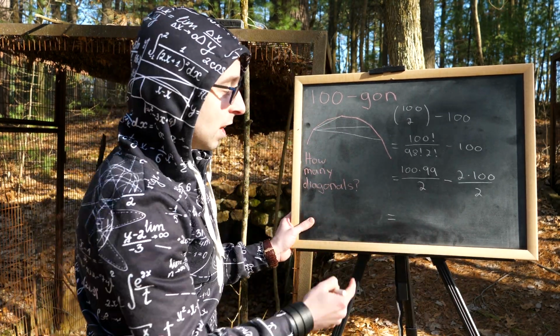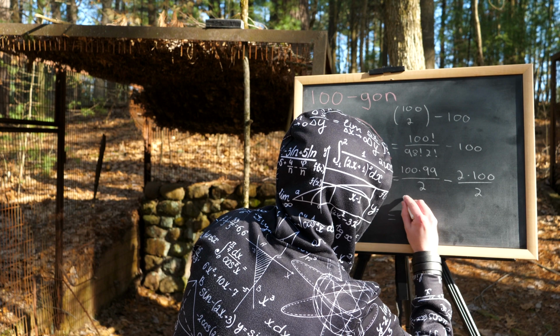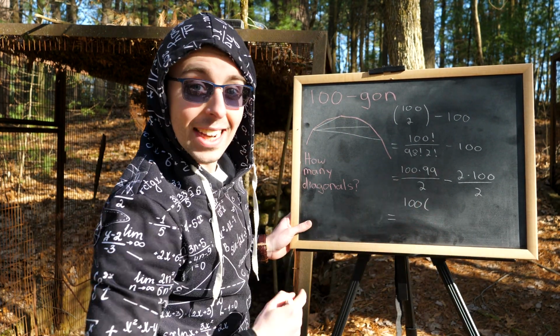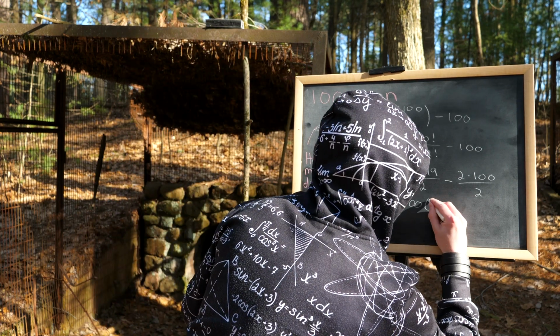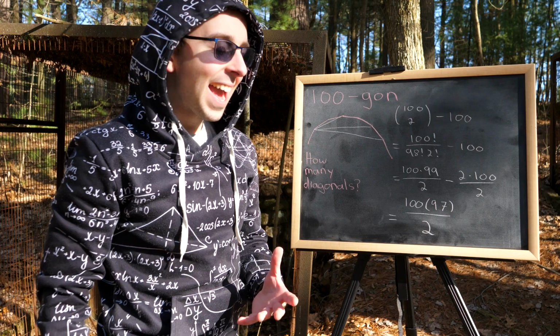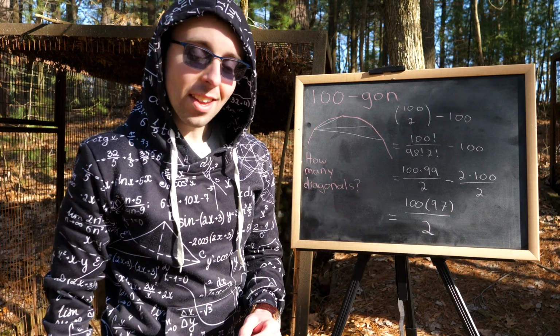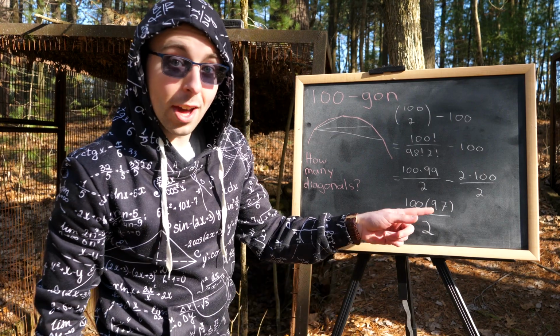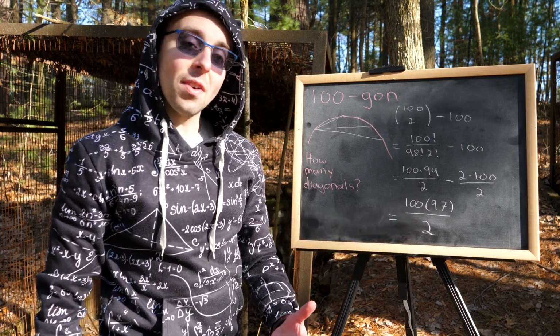If we did that, we would get that this is equal to 100 times 99 minus 2, or 97, all over 2. So how many diagonals are there in a 100-sided polygon? The answer is 100 times 100 minus 3, all divided by 2.